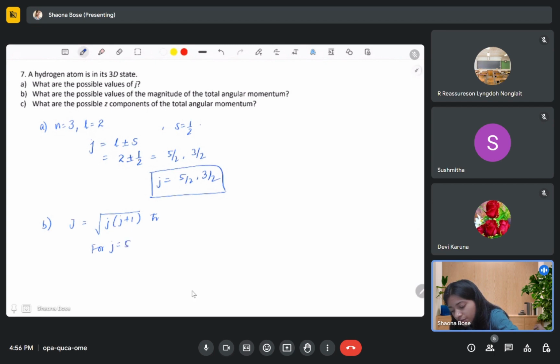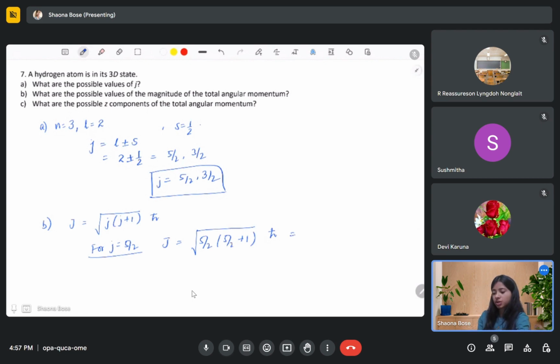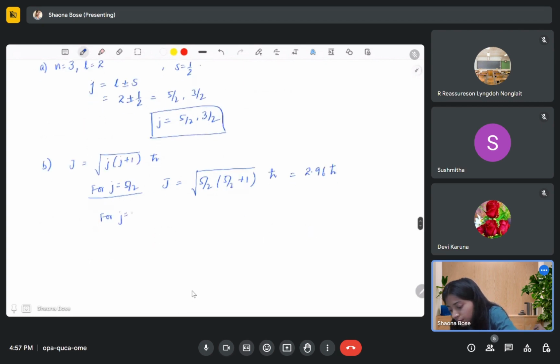Okay, so for j is equal to 5 by 2, what do you have? J is 5 by 2 and 5 by 2 plus 1, root over this, h cut. Okay, so just add these up. The answer which I have here is 2.96 h cut. Hope it matches with yours. If not, let me know.